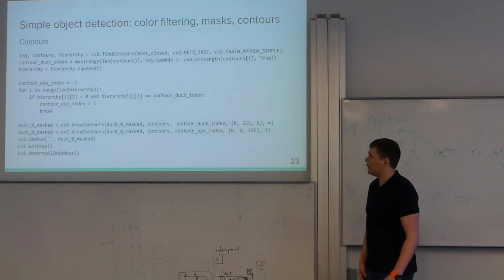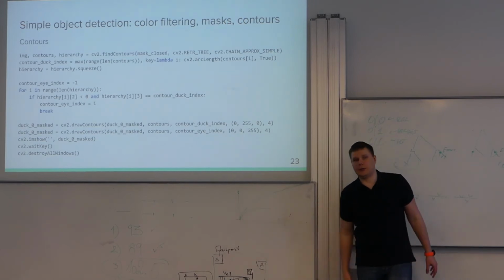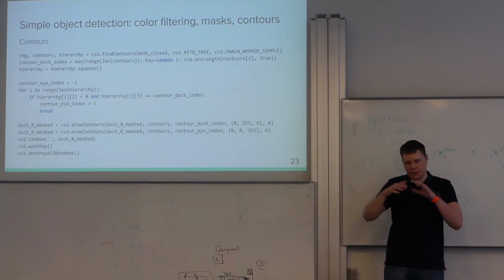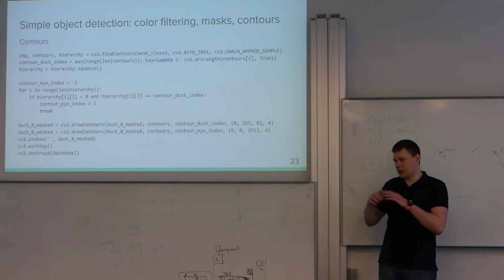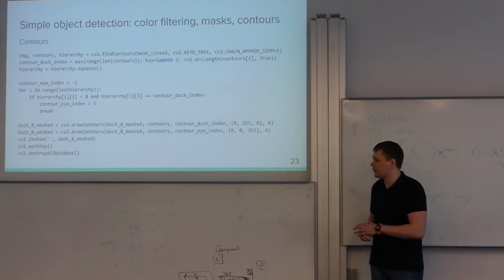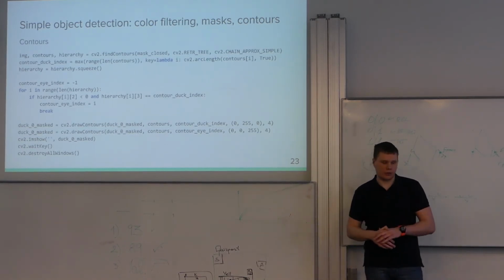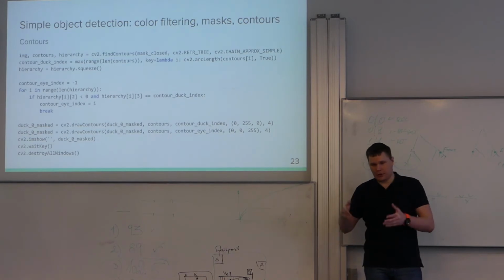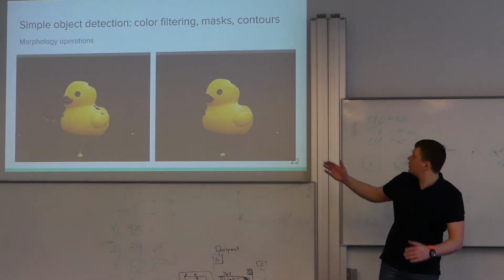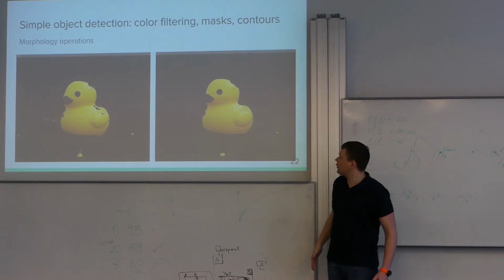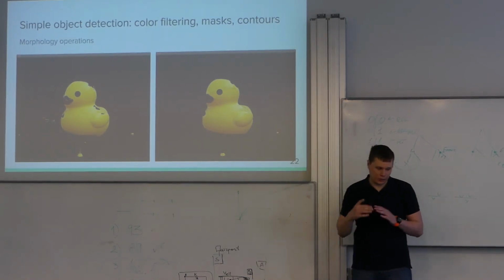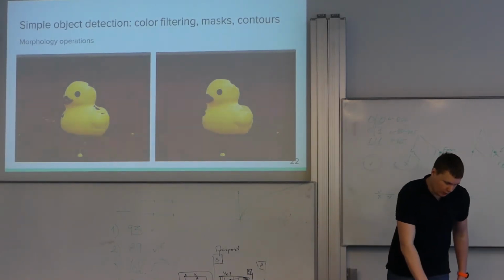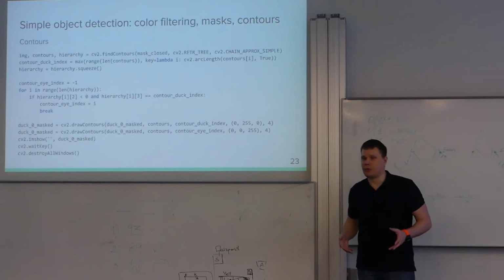Another interesting thing: when we get our region, detect the duck with the color filter, we want to know its borders. In this image we have only a bunch of pixels which were preserved, but we want to get the shape of this area.